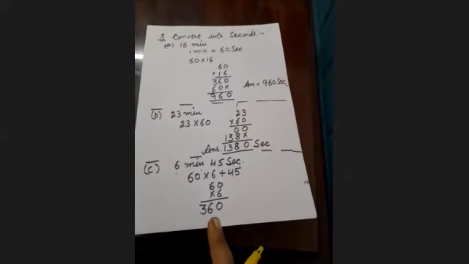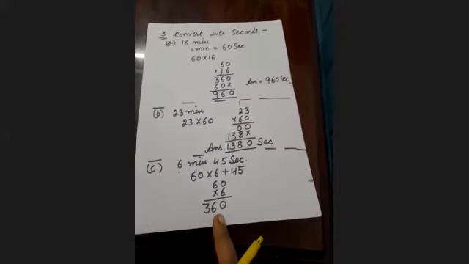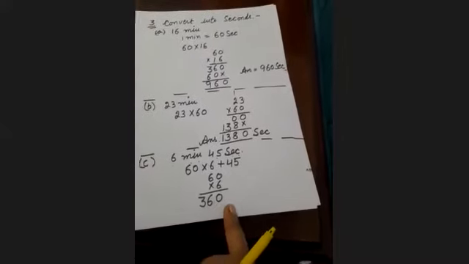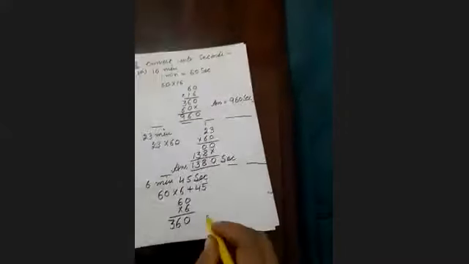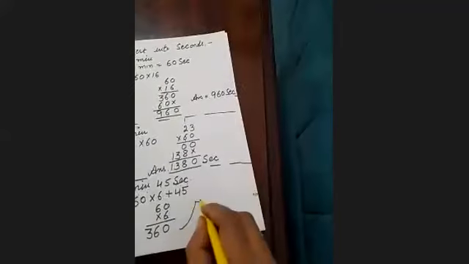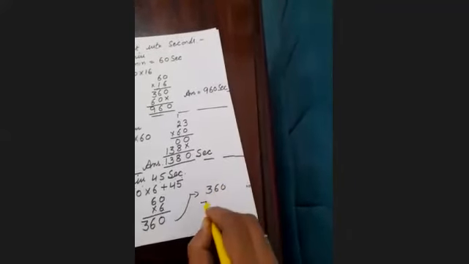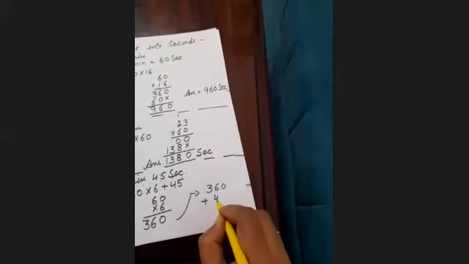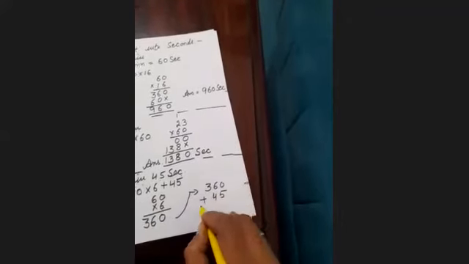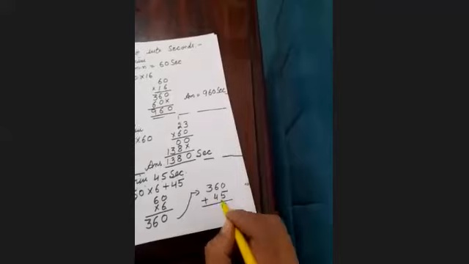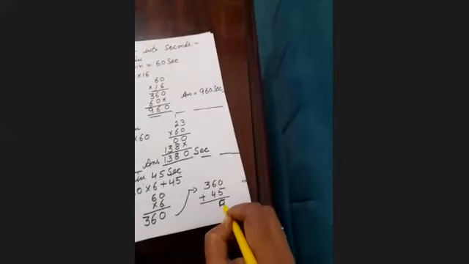So students, in 6 minutes, we have 360 seconds. Now add 45 seconds. 360 plus 45.